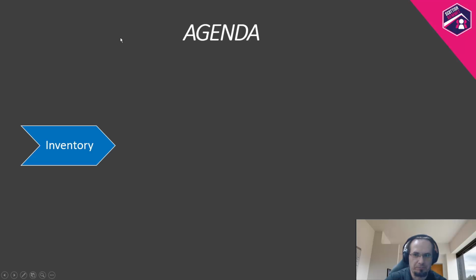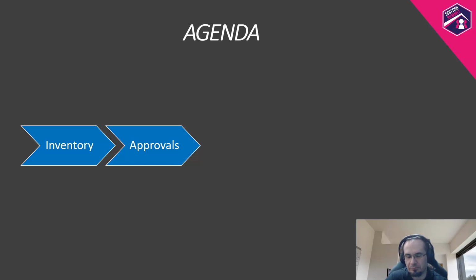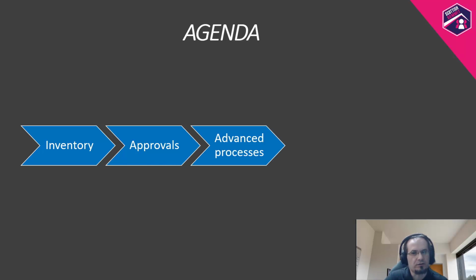So, quick agenda. First topic, inventory: what you can find inside Microsoft 365 and Teams to create business processes and to work with business processes. Then we start very simple, with approvals in Teams. Next one is advanced processes. I will show you more advanced processes, not only approvals, but some with multiple layers and paths.